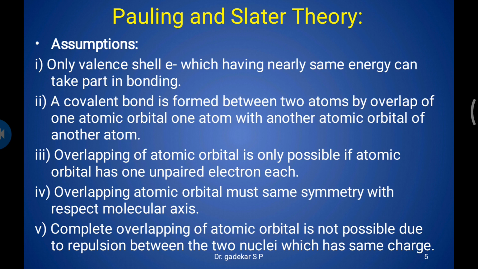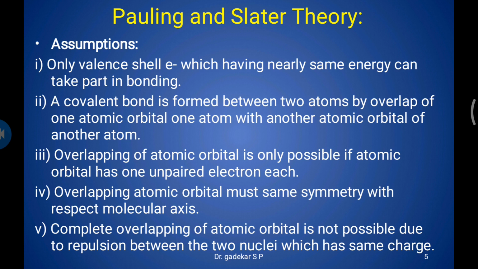Second, a covalent bond is formed between two atoms by the overlap of one atomic orbital of one atom with another atomic orbital of another atom. Okay, so a bond is formed between two atoms by overlap of atomic orbitals.